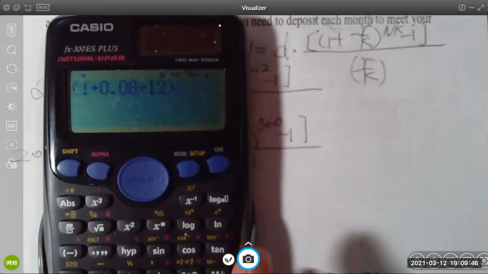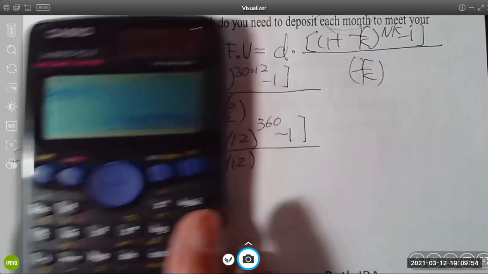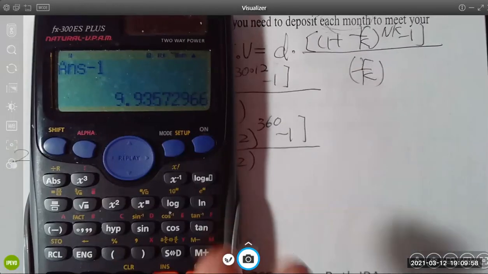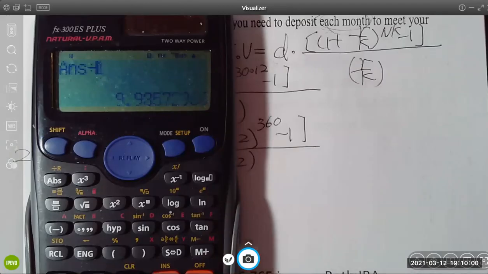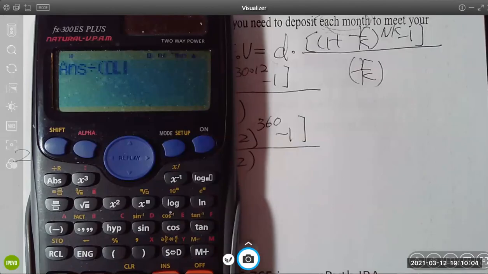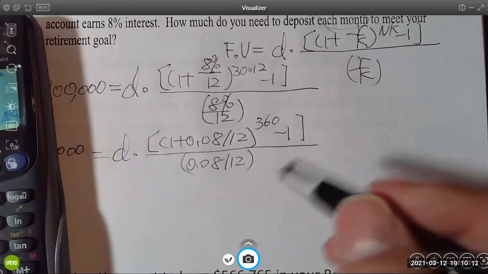To the power of 360, minus 1, then divided by this part on the bottom. So divided by parentheses 0.08 over 12 parentheses. So this number we need to write down. I'm going to write it down.